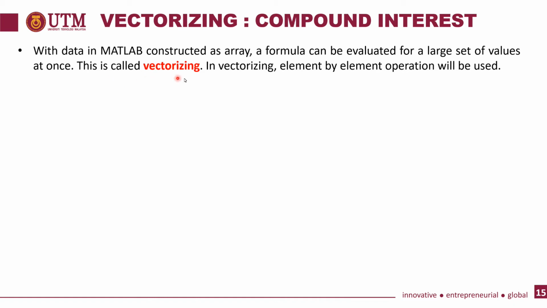This is called vectorizing. When you create a formula in MATLAB in which the variable is an array or a matrix consisting of a large set of values, we call it vectorizing. So any formula in MATLAB that uses a matrix is called vectorizing.